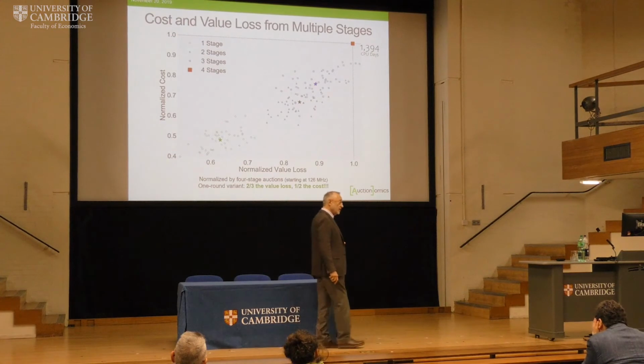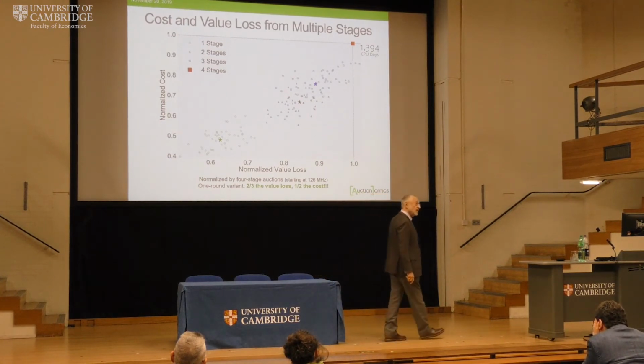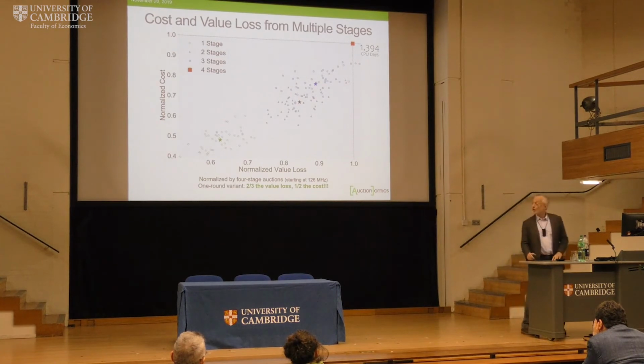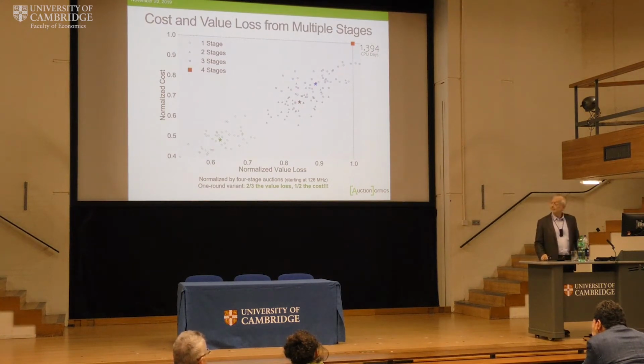We thought that the first stage and the 3rd stage were wasted, and we weren't sure what they would do to the cost. So our recommendation would have involved 2 stages and would have saved considerably on both cost and value loss compared to the 4-stage auction that the FCC actually ran. Okay? By the way, only 2/3 of the value loss and half the cost if we could do it in one round.